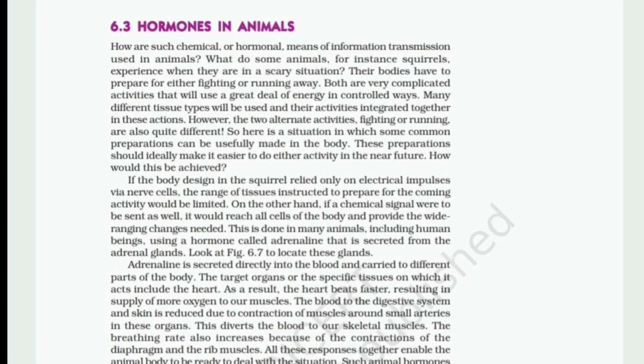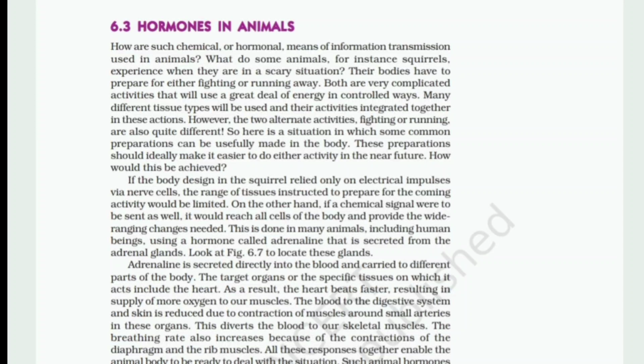As a result, the heart beats faster, resulting in supply of more oxygen to our muscles. The blood to the digestive system and skin is reduced due to contraction of muscles around small arteries in these organs. This diverts the blood to our skeletal muscles. The breathing rate also increases because of the contractions of the diaphragm and the rib muscles.